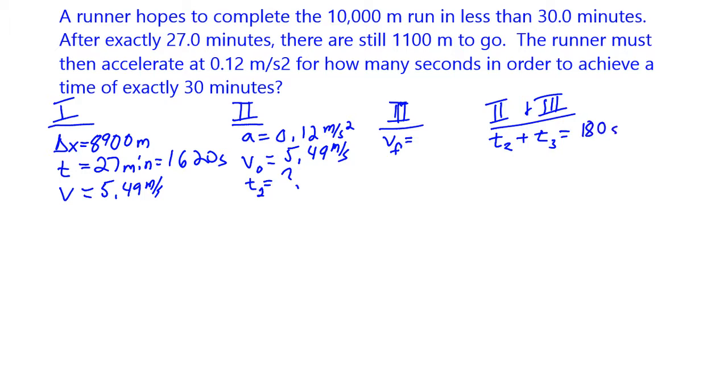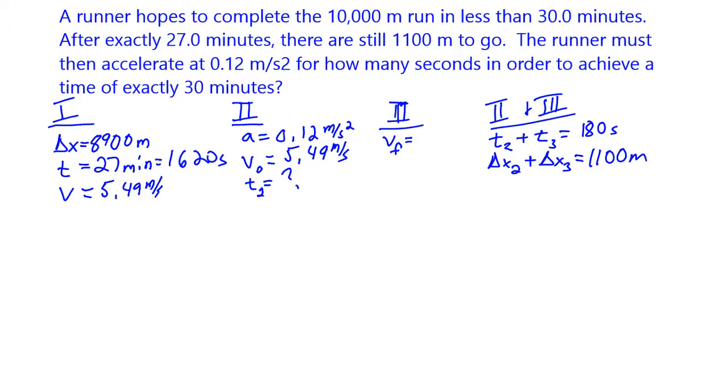And we also know that delta x for part 2 plus delta x for part 3 equals 1,100 meters. So we're going to use those two to figure out what T2 is ultimately.